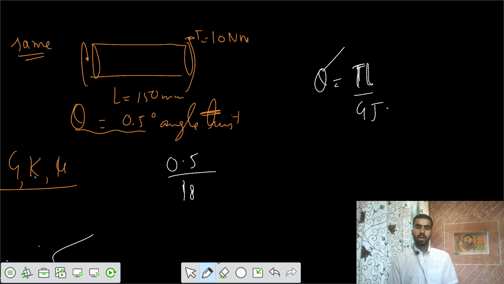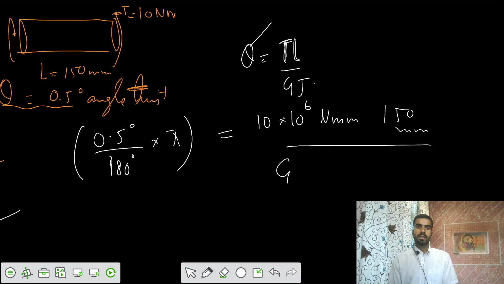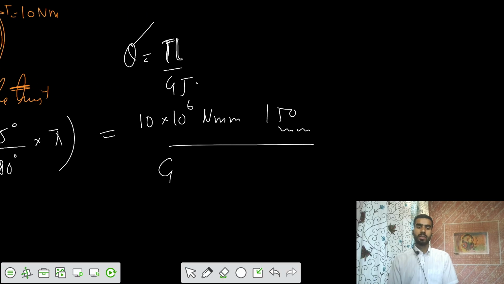So 0.5 degrees by 180 degrees into pi equals to T, 10 into 10 to the power 6 Newton millimeter, TL by GJ, length of 150 millimeter, by G, and value of J, polar moment of inertia, that is pi by 32 into diameter power 4. The diameter was 12 millimeter, power 4.